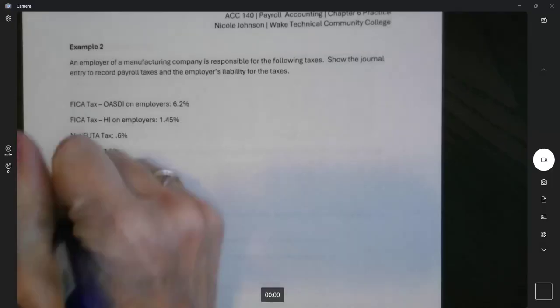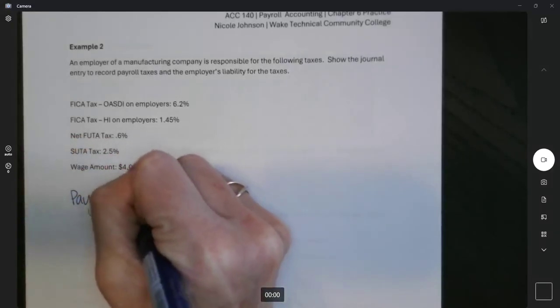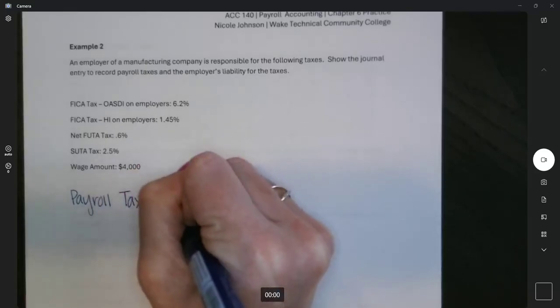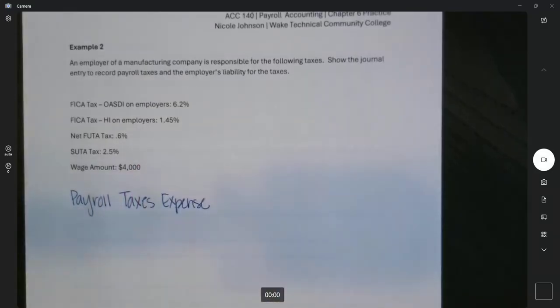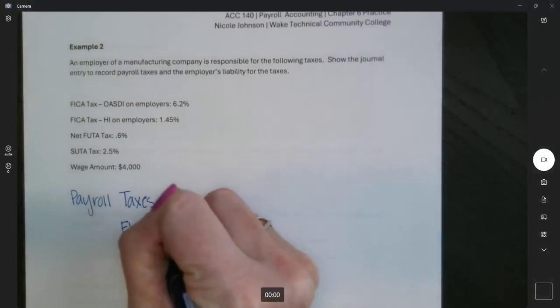We're going to debit payroll taxes expense. It is an expense regardless of whether you put expense at the end or not. We'll add those up. That'll be the debit amount. We'll move on. We'll credit FICA taxes payable for the OASCI.